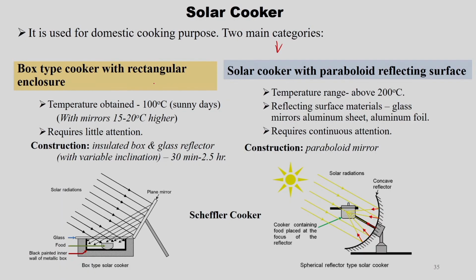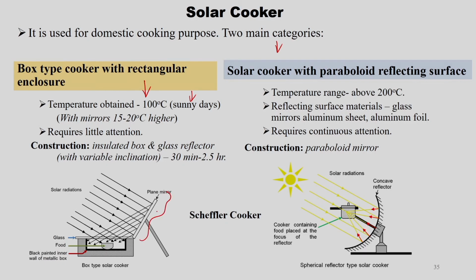The box type solar cooker with rectangular enclosure is the first category. The second category is the solar cooker with paraboloid reflecting surface. In the box type solar cooker, the temperature obtained is around 100 degrees centigrade during most sunny days. But here if you see, this is the plane mirror, right.